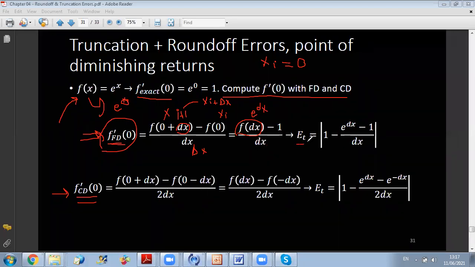Now, if I want to calculate the true error involved, since I don't care about the sign, I take the absolute value of 1 minus the derivative obtained using the forward scheme. And I will repeat the same procedure for the central difference scheme. Now I take f at x i plus 1 minus f at x i minus 1.